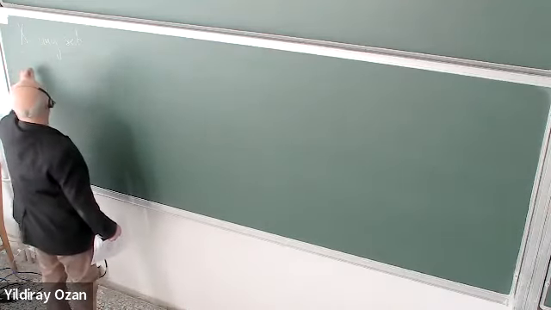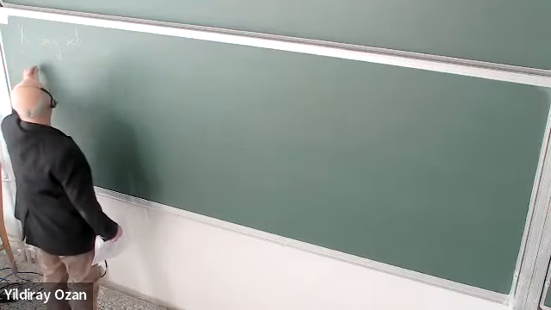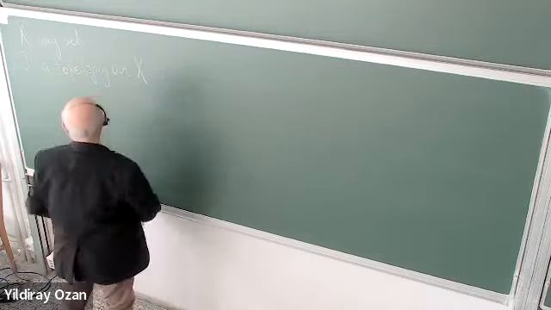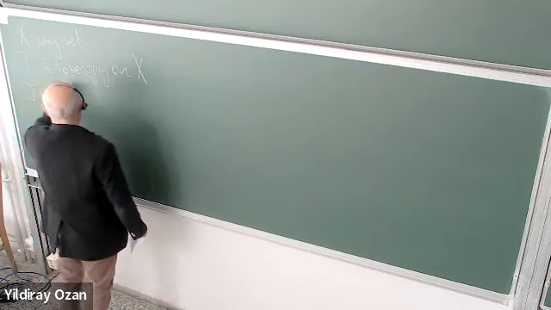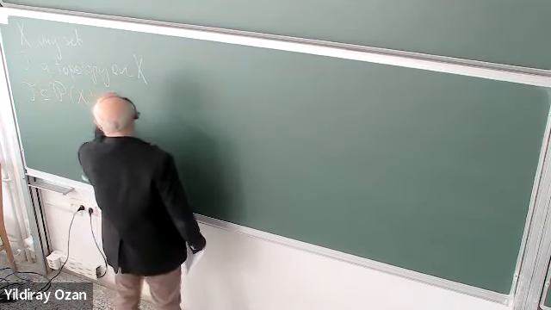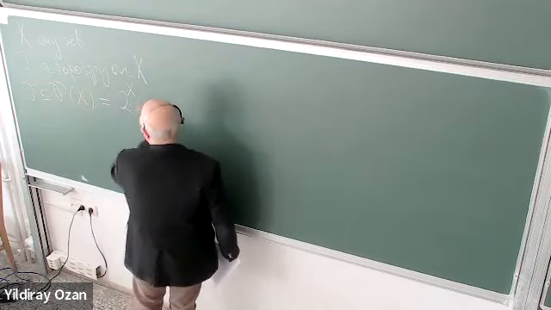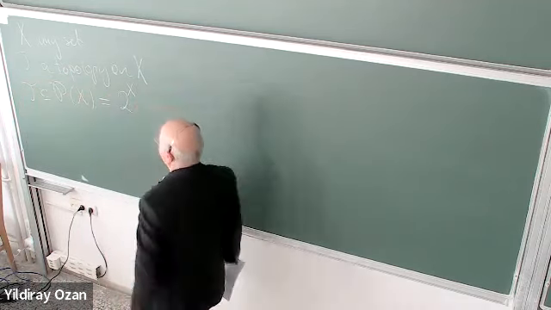A topology on X means a subset of the collection of all subsets of X, right? 2 to the power X means the collection of all subsets of X, satisfying the following.